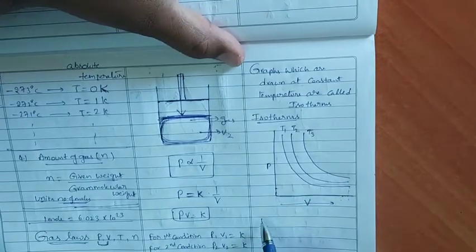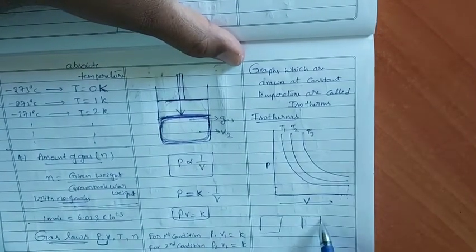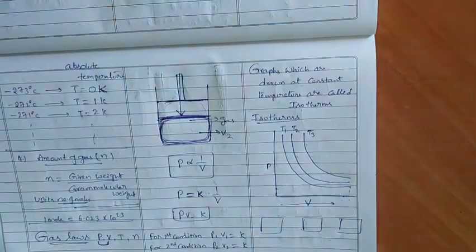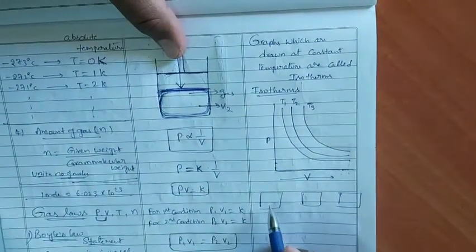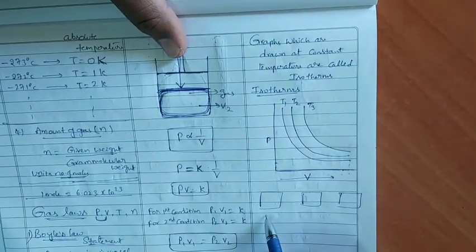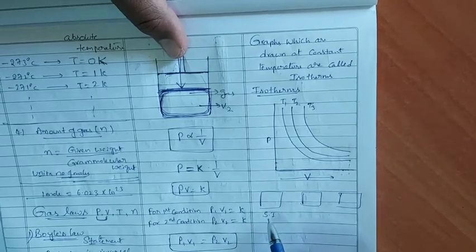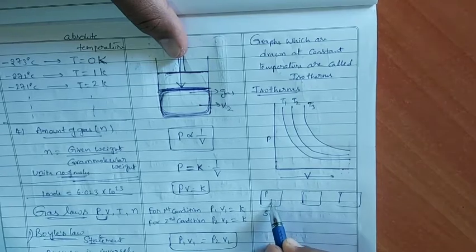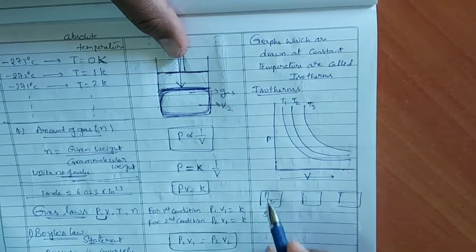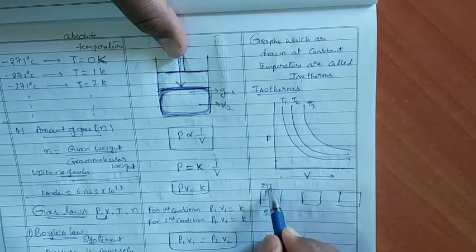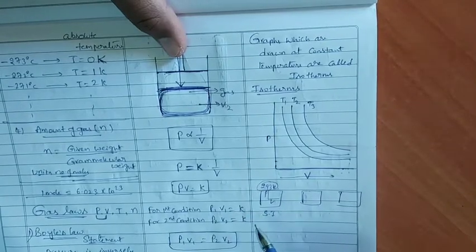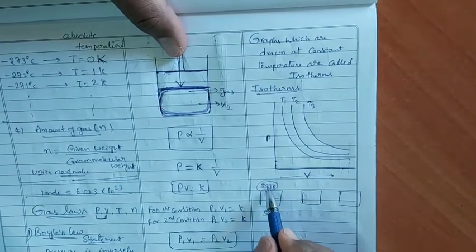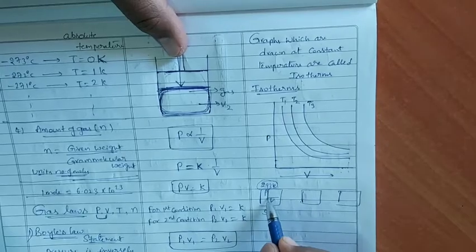For example, 3 rooms are there. In room 1, scientist 1 is doing an experiment by considering pressure and volume on the axes, at his temperature 293 Kelvin, that is constant. So at this 293 Kelvin, scientist 1 will get this graph.